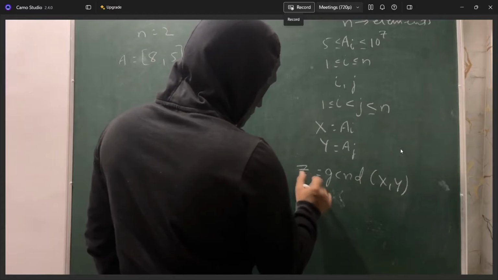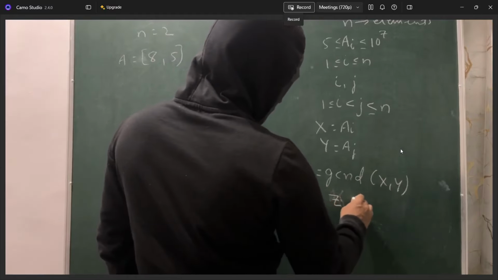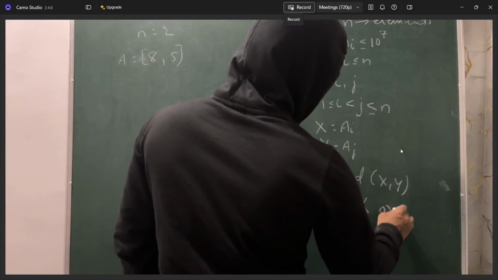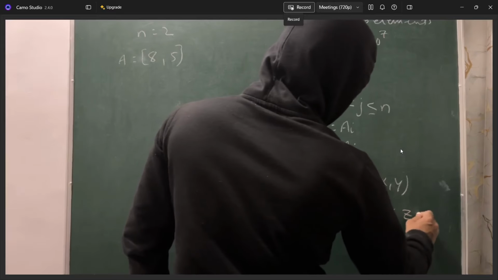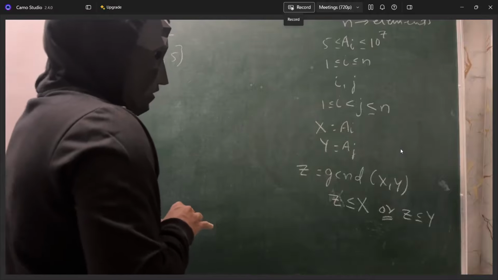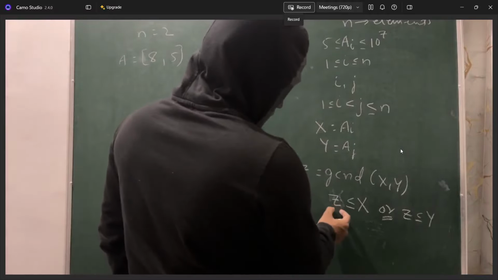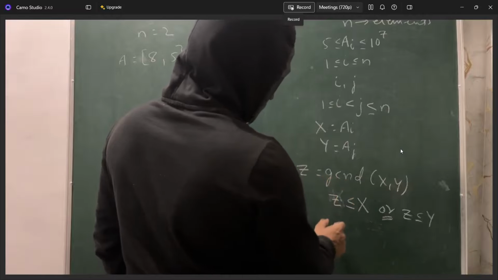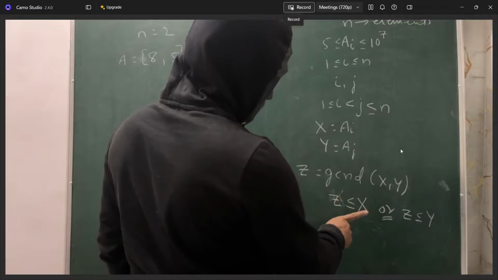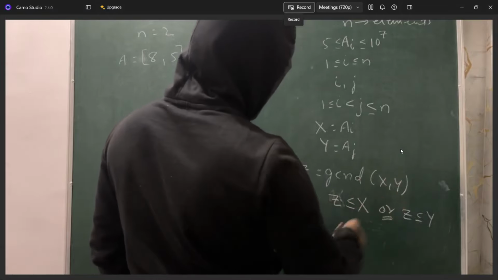So this z should be less than or equal to x, or it should be less than or equal to y. This is the condition they have given, which means the integer you're getting from the GCND should be at least lesser than or equal to one element.